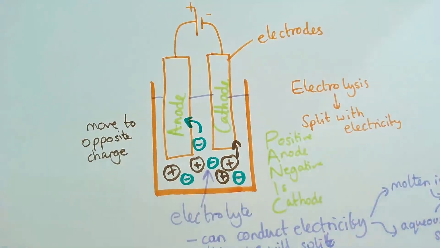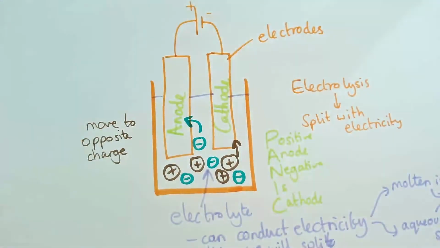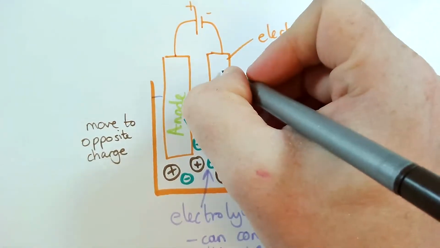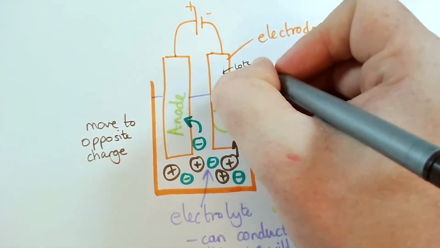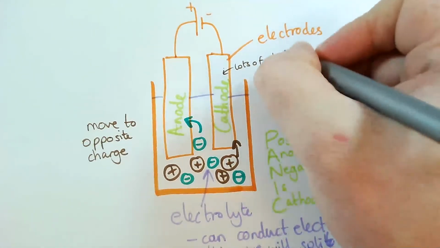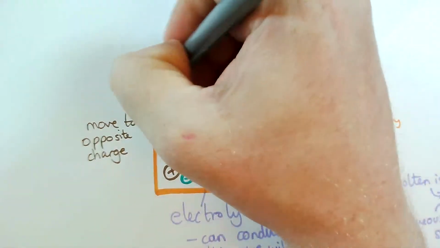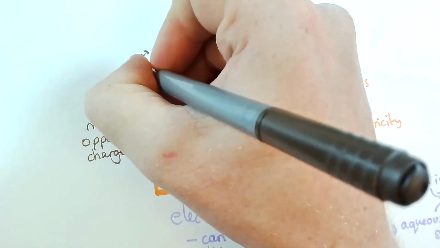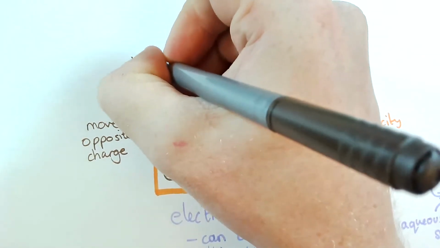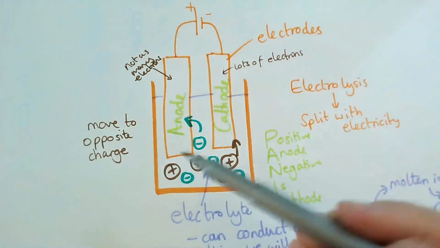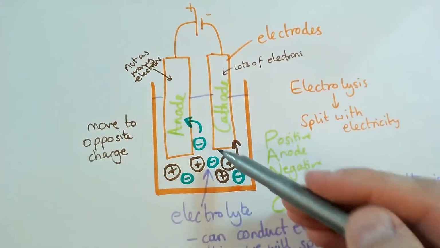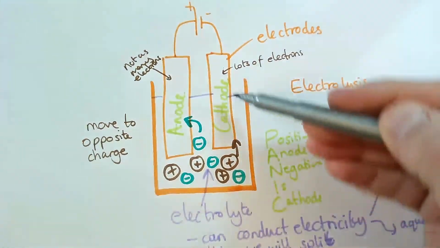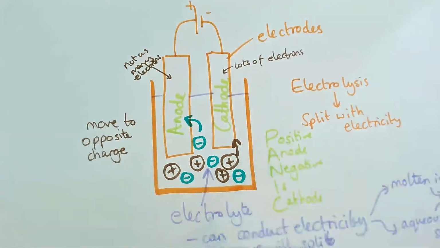Now, what happens at those electrodes? Right, at the negative electrode, there is a load of, so here you've got lots of electrons, basically. Okay, and here you ain't got enough electrons. So what happens is these negative things kind of donate their electrons. They can then move through here, and then the positive things can pick them up. Okay.